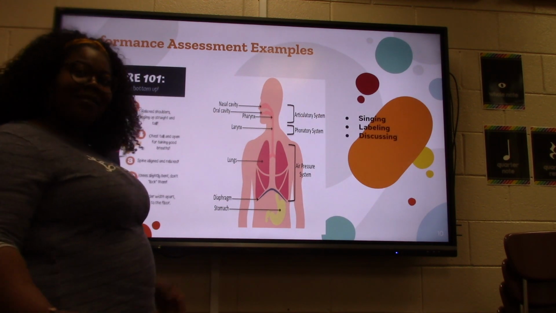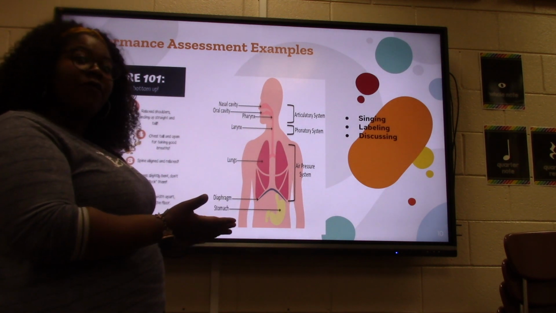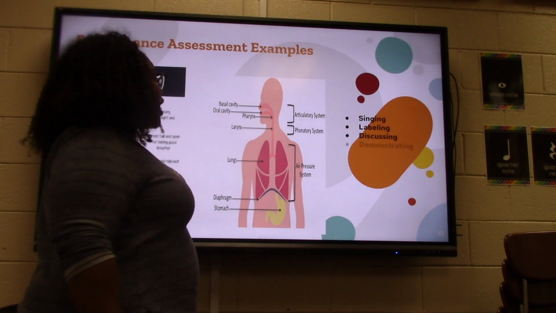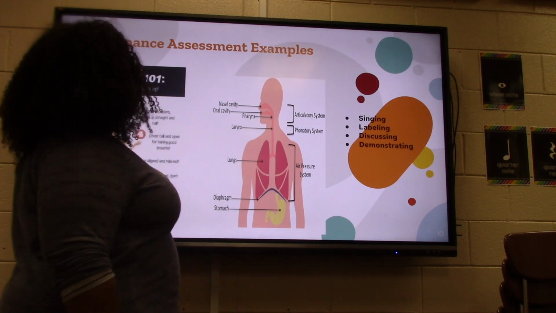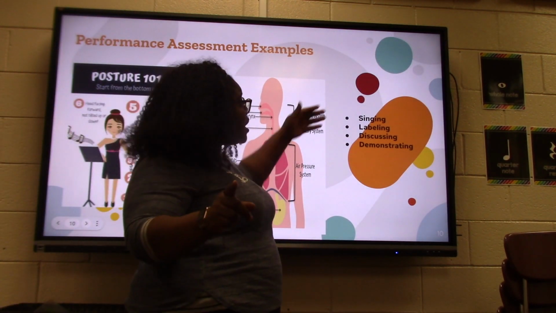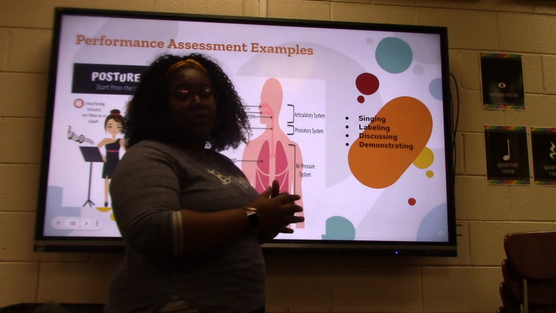You might have them discuss with another person while you check off those key points, or have the other students assess each other. You could even have them demonstrate what posture should be like. So you can take this picture and literally have a performance assessment in 4 different facets. But you have to make that decision for yourself.